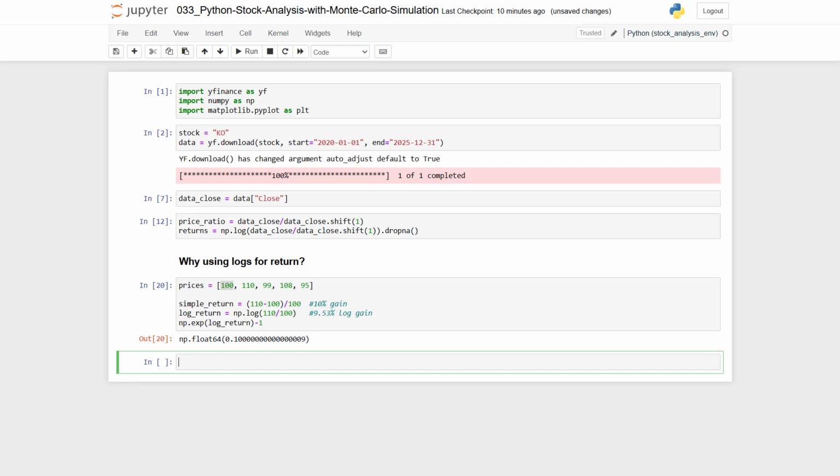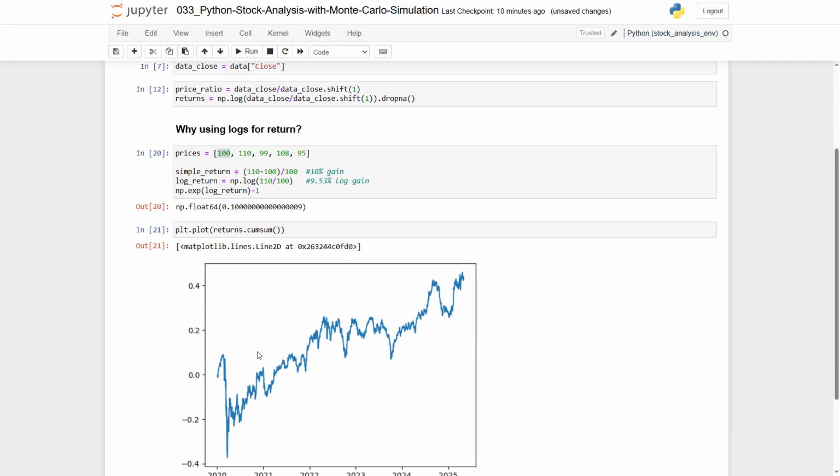So let's continue. Let's plot the returns with a cumulative sum and see what's going to happen. Yes, it happened quite nicely. And just to see, we're talking about these ones here.